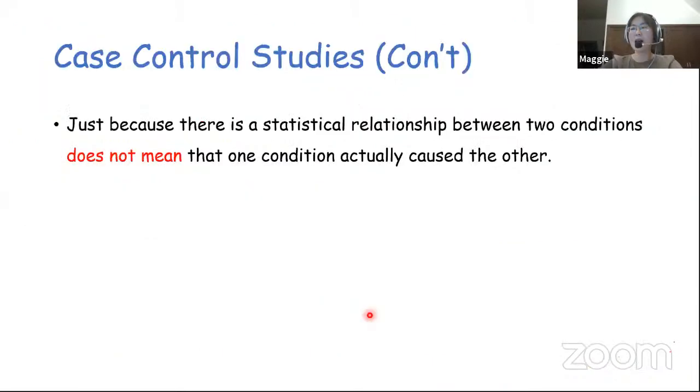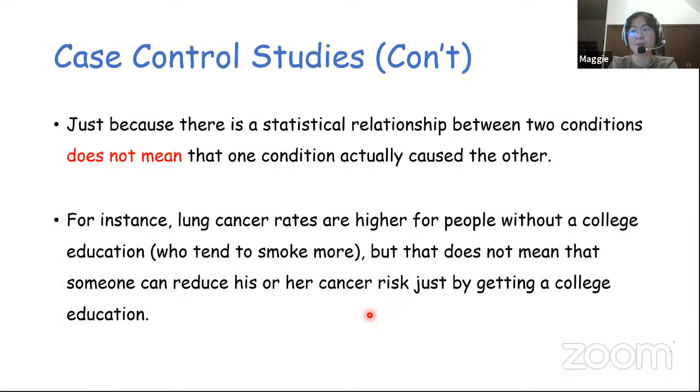Okay. And also you need to pay attention that just because there is a statistical relationship between 2 conditions does not mean that one condition actually causes the other. So what does that mean? Here is an example. For example, lung cancer rates are higher for people without a college education.